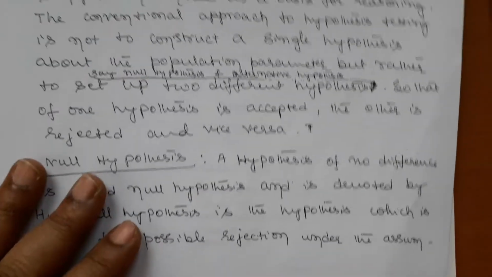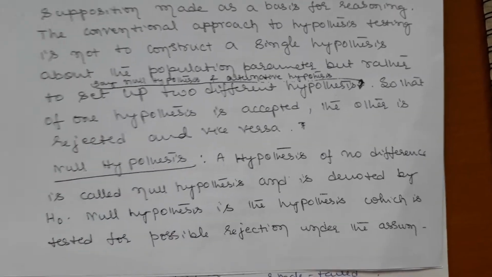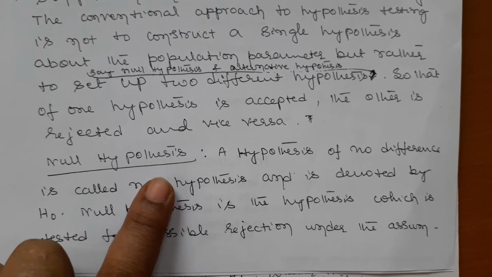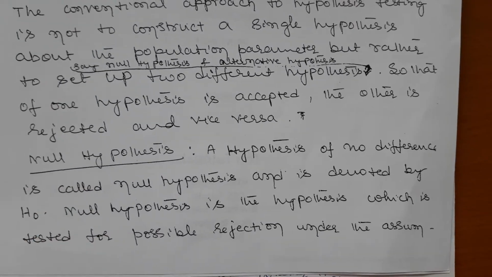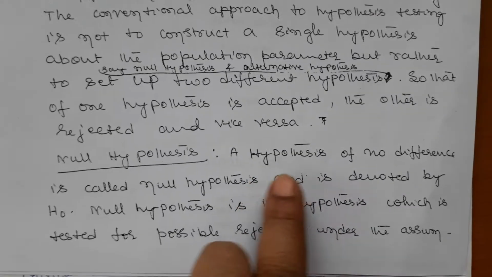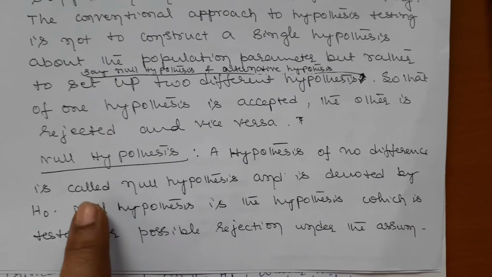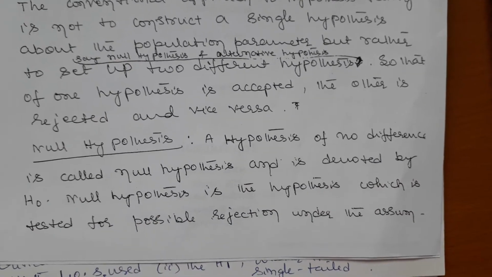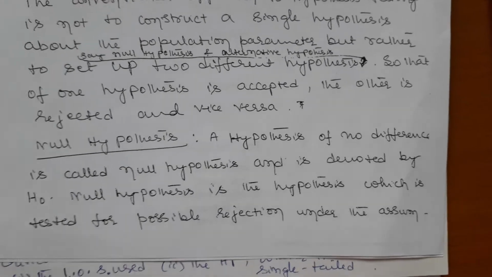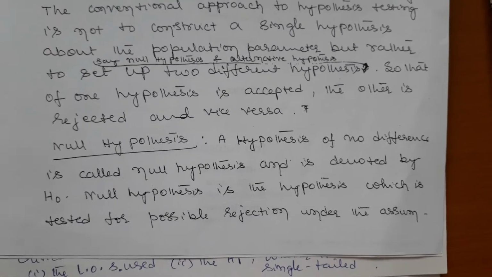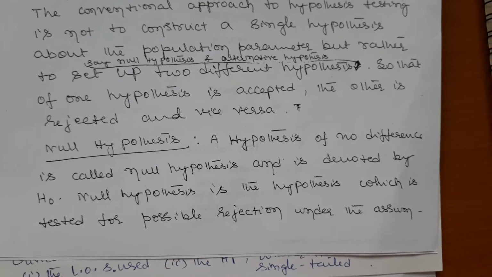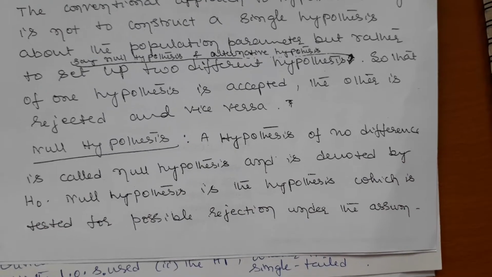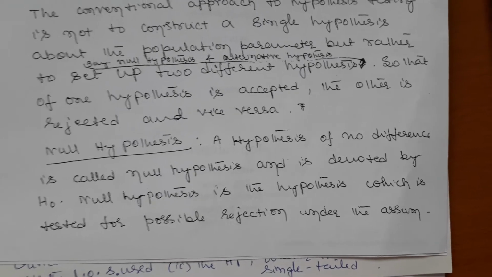Now I am going to explain the meaning of null hypothesis. The null hypothesis is always denoted by capital H suffix 0. That is a standard notation. Hypothesis of no difference is called null hypothesis and is denoted by H naught.